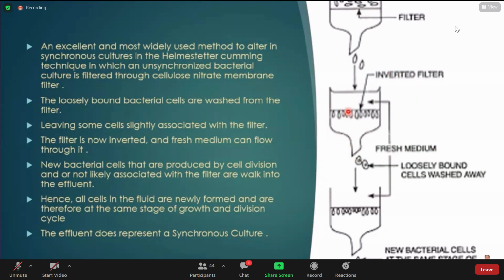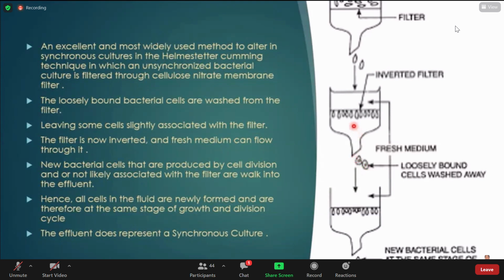As the fresh medium passes through this filter, all these cells try to undergo cell division. Because all of them are of the same size, all of them start cell division and are at the same stage of cell division.